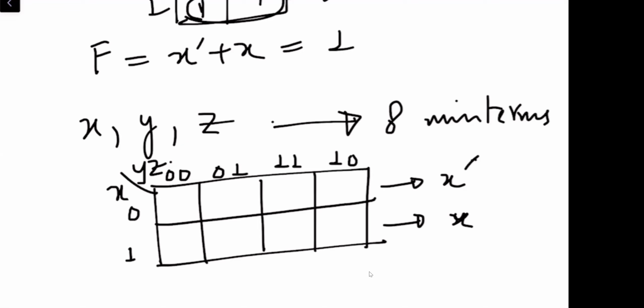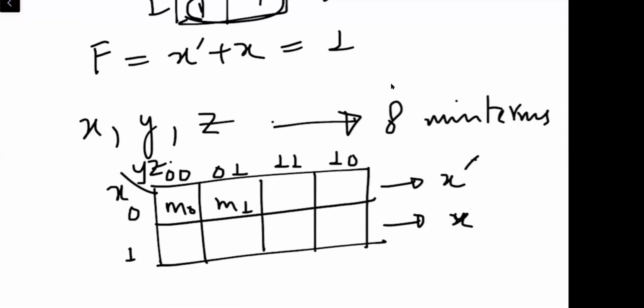So now we can see which specific minterms the boxes are going to be labeled with. When x is 0, y is 0, z is 0, this is representing m of 0, because it is 0 0 0. The next adjacent box is x is 0, y is 0, and z is 1, which is 0, 0, 1, m of 1.